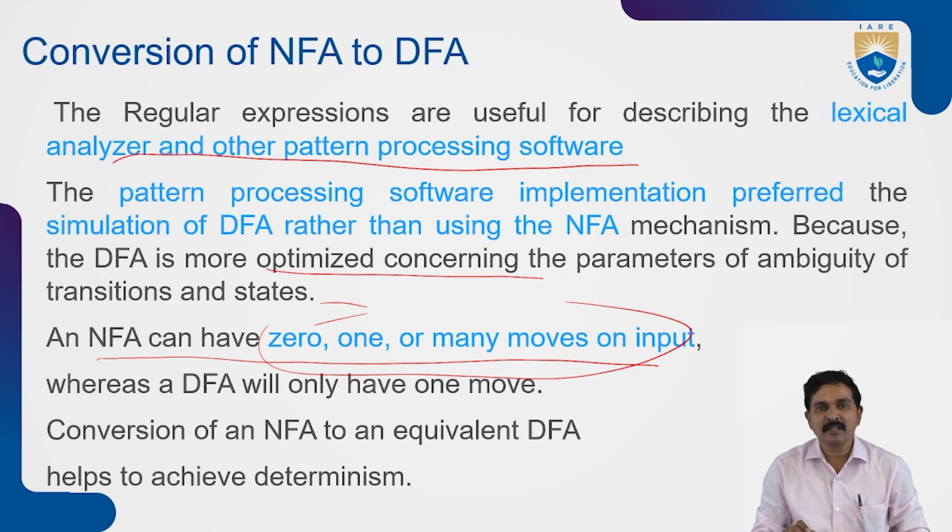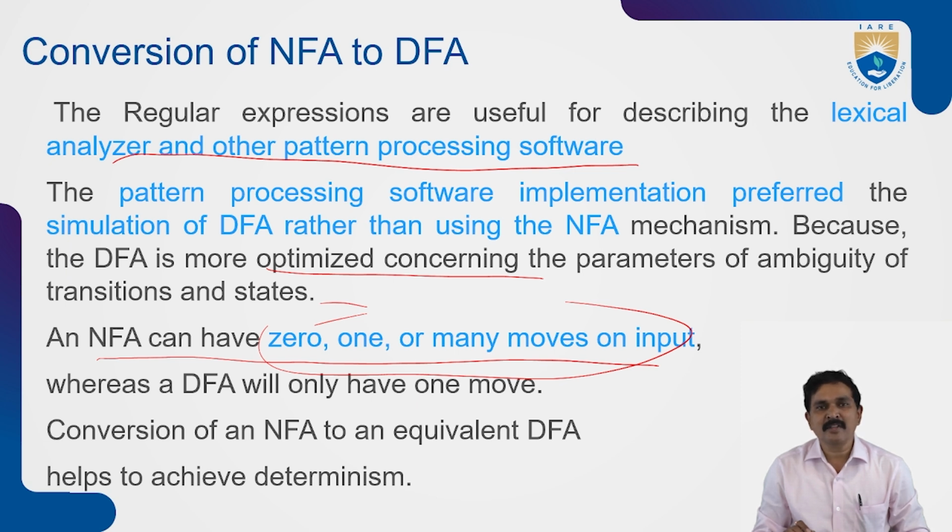Here today our discussion is regular expression to NFA, which we have the idea of, and we also convert NFA to DFA. That is very important in compiler design. In the construction of a compiler, the most important prerequisite is finite automata.